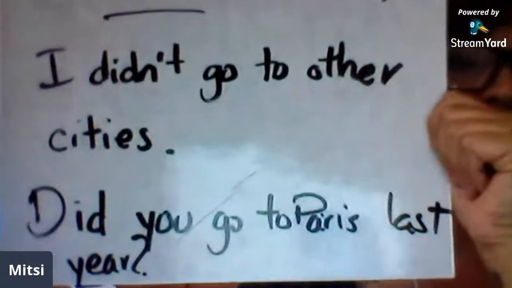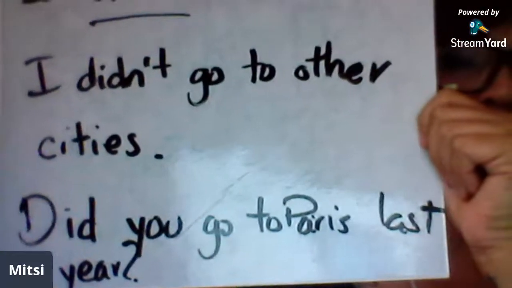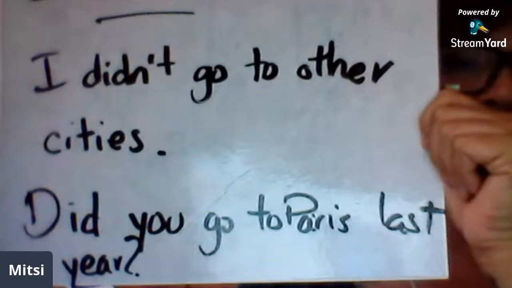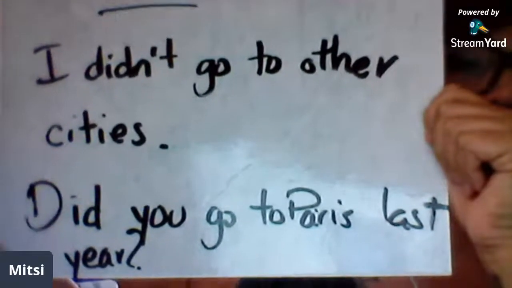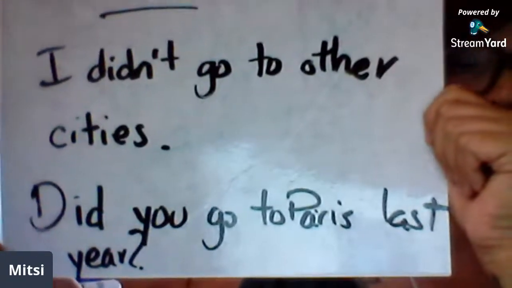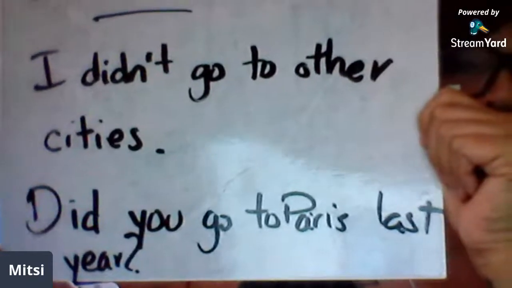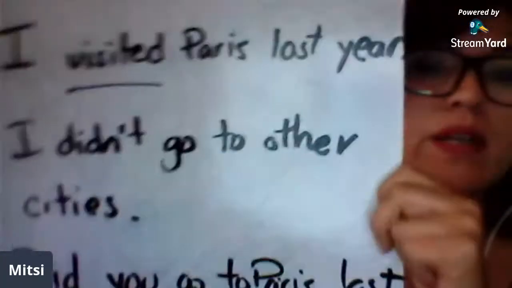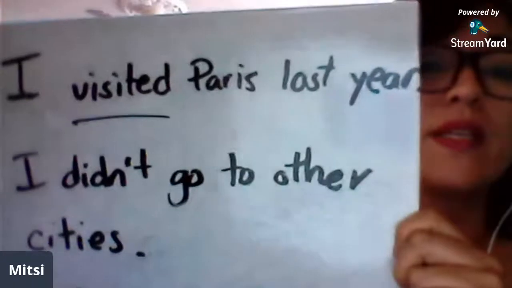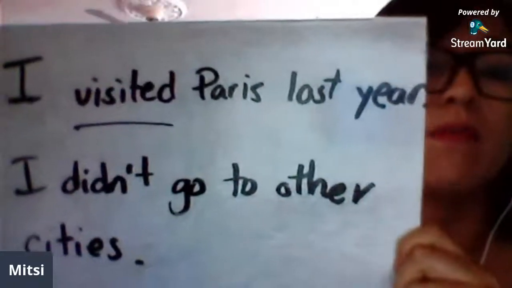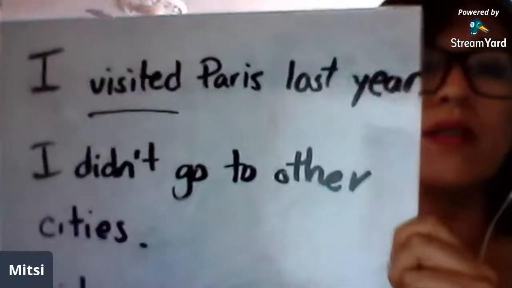So that's why I'm showing you how to make a sentence like this. So if you pay attention, the sentence is in past, the sentence is in negative, and the questions do not have the verbs in past. But the sentence in affirmative has to have the verb in past. So this is the simple past. Just remembering how to structure the sentences.